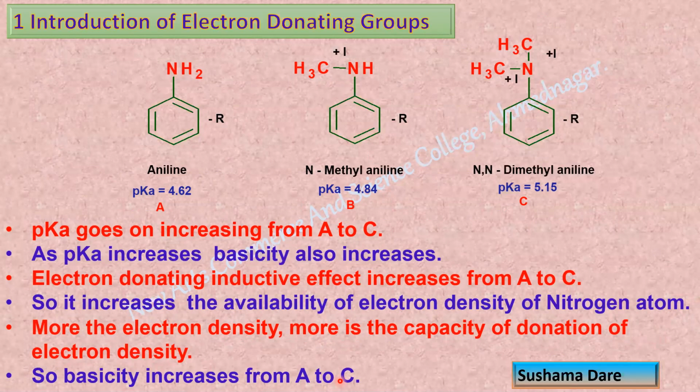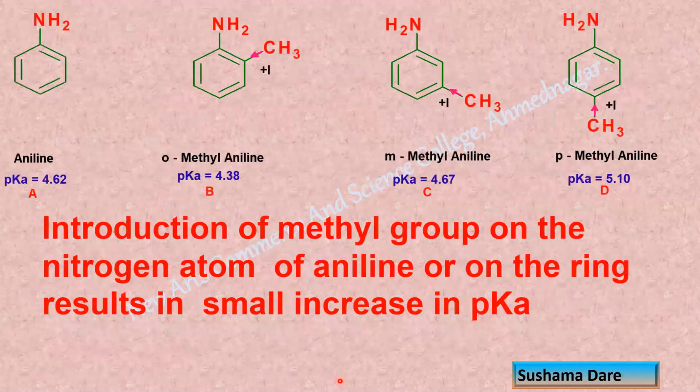So now this group we added on the nitrogen atom. Now in the next example, the methyl group is added on the aromatic carbon atom. So aniline, orthomethylaniline, metamethylaniline, and paramethylaniline. So if an electron donating group is added either on the nitrogen atom or on the ring carbon, then there is a small increase in pK value.